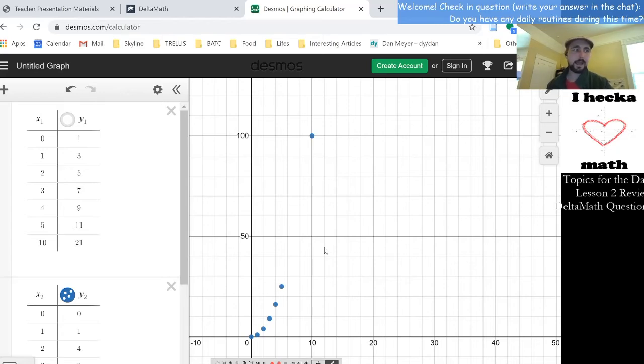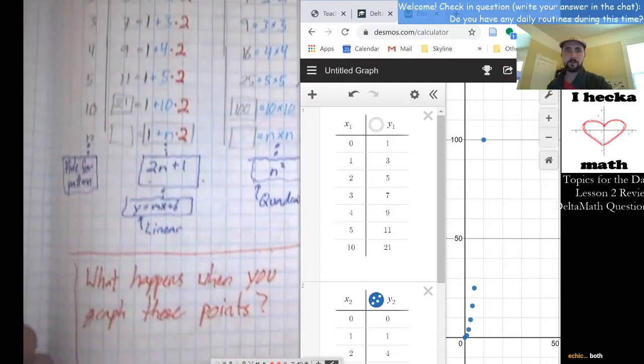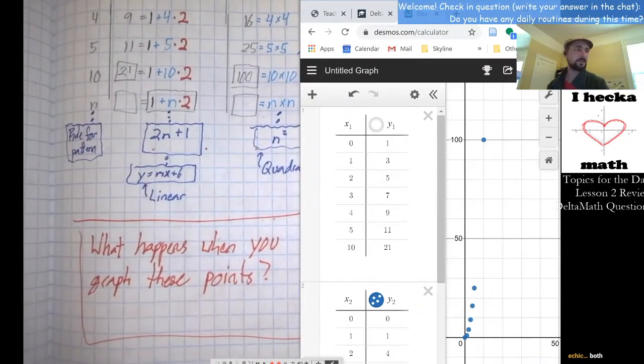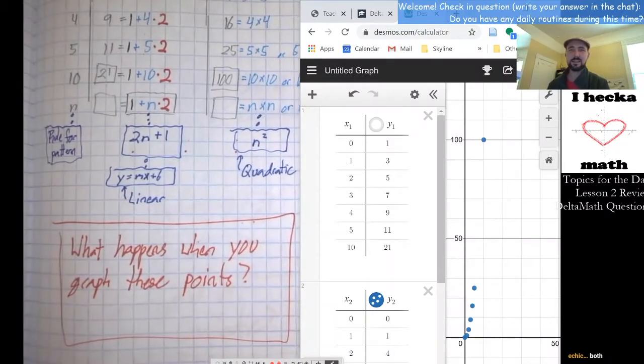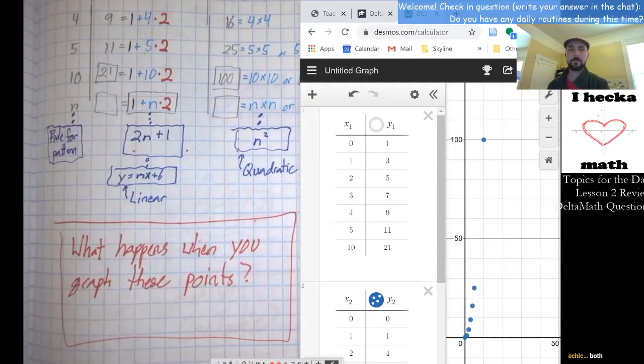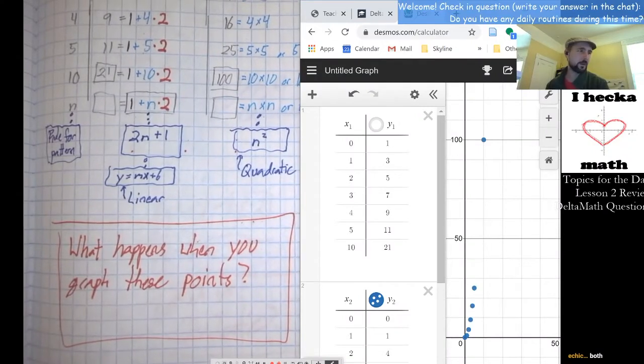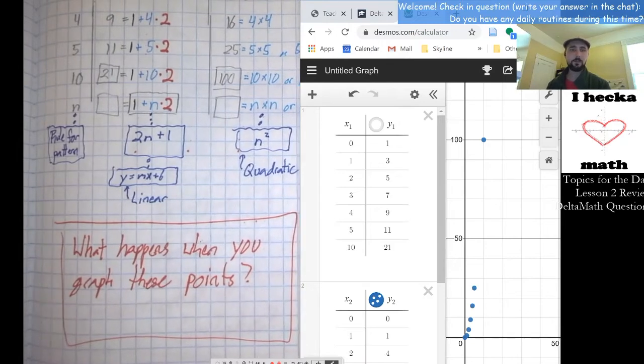So I'm gonna half screen this again so we can answer this question here. If it's easy to do, type in any questions you have in the chat and I will do my best to answer them. Sometimes typing in math is hard, but do your best and I'll get creative about it. So the question is, what happens when we graph these points?